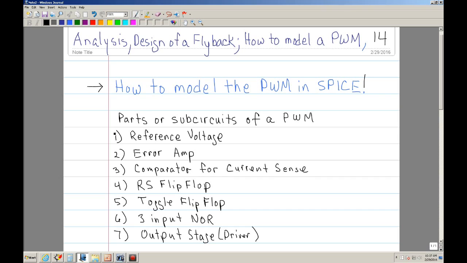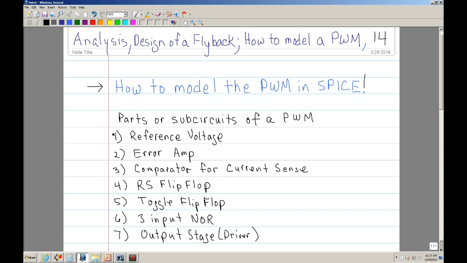So what I'm doing here is more simplified. I'm leaving out some of the other bells and whistles. So this is the basic one, and I'm trying to keep it as basic as possible, but yet have enough detail to give you an understanding.